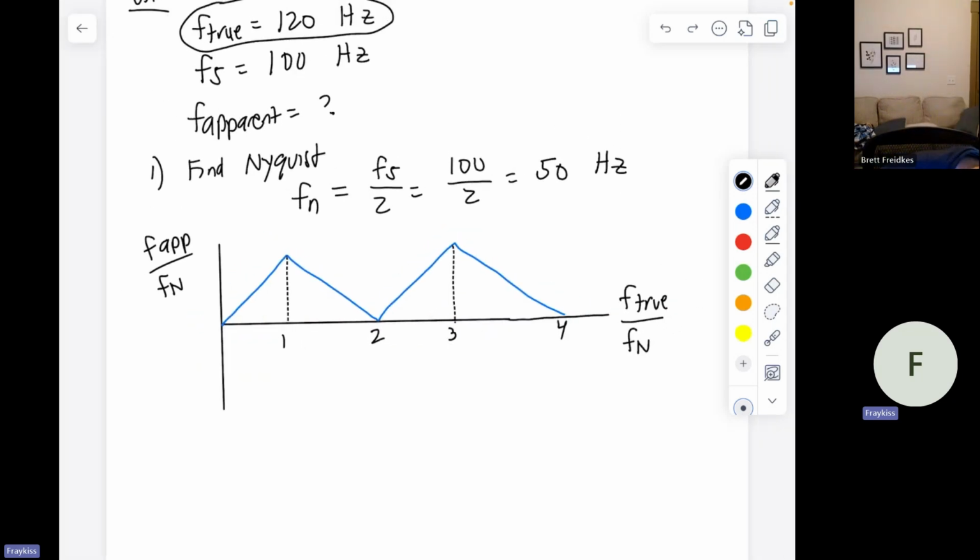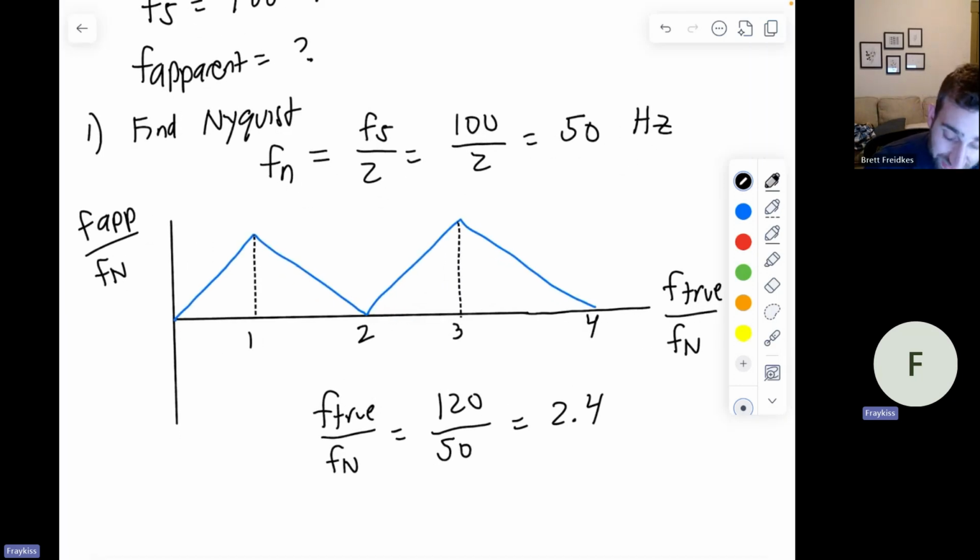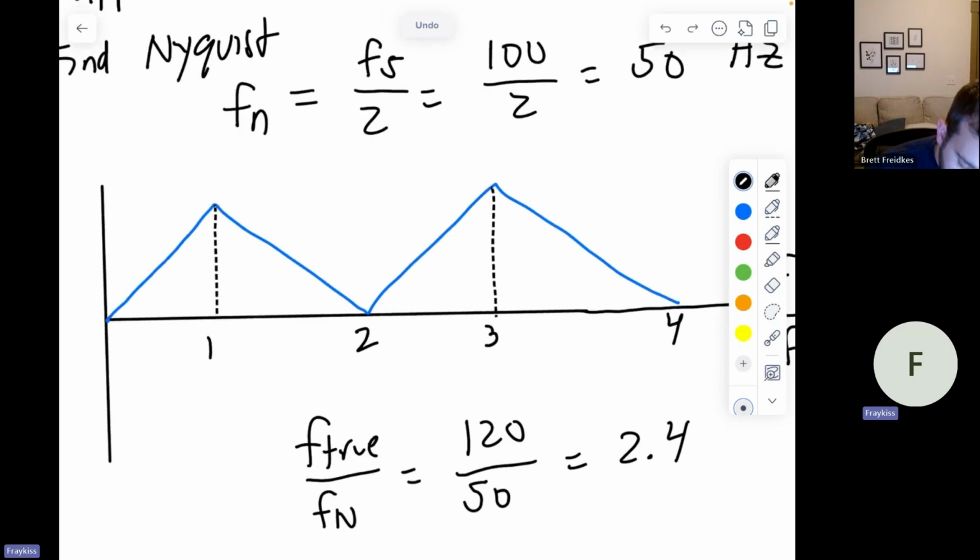So this ratio here, F true over Fn, is going to be 120 over 50, and that is the same as 2.4. That, again, is our x-axis value. So we're going to come over and go to 2.4. I'm going to draw a line up and go to there.